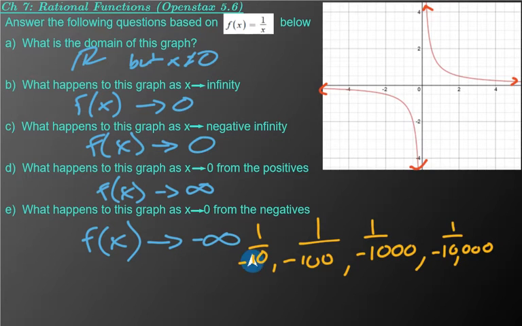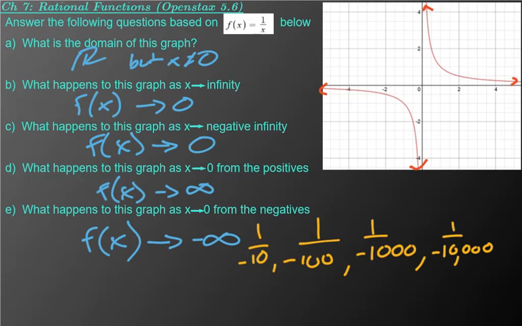If you think about the progression, as you plug in bigger and bigger negative numbers, 1 over a huge number is basically 0, and that's why, as you go out to negative infinity, the function value will approach 0. It approaches it from below 0, because these are negative numbers.